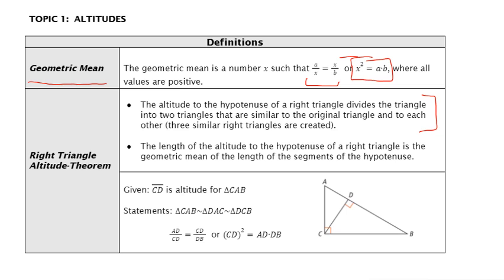So what that means is, when I look at this triangle, I have the bigger triangle ABC. C is a right angle. We have these two acute angles, angle A and angle B, and we drew an altitude within that triangle.